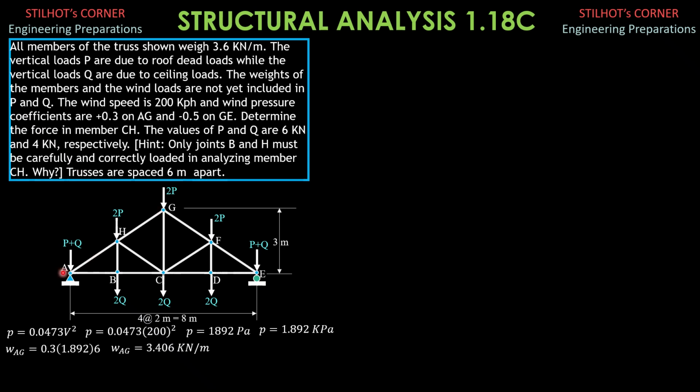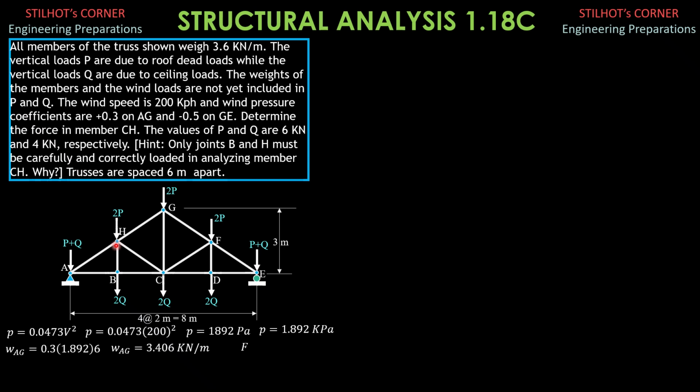And at supposedly A and G, it's only 0.75, 1/4 of 3. So I hope that you understood it. The horizontal component of wind load is 3.406 kilonewtons per meter times 1.5 meters on H. Half of 1.5 is 0.75 up and 0.75 below, so 1.5. At A and G, it's only 0.75 meter, or 3/4 meter.